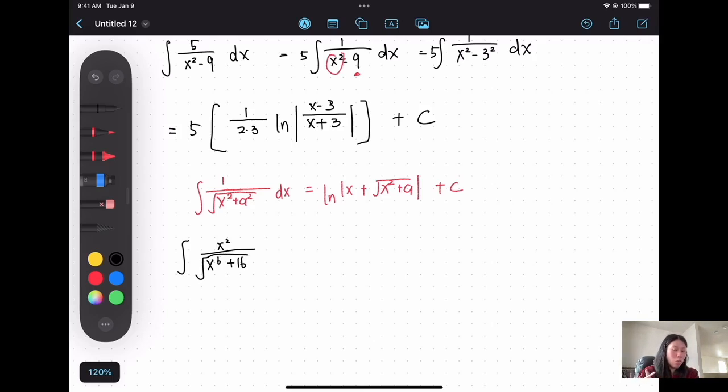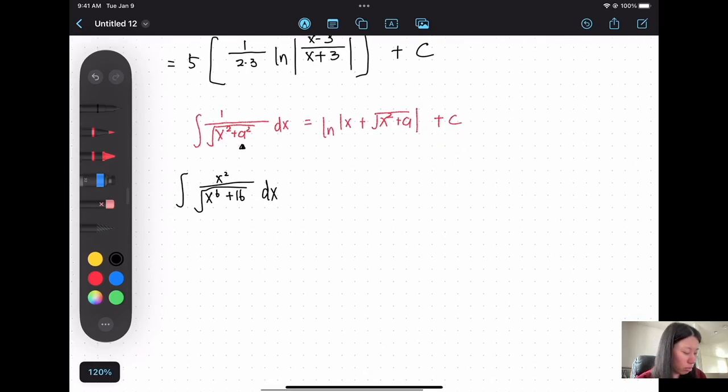So what do they have that makes you feel like I can use this formula? Well, first, the a squared seems reasonable, and they both have a square root in the denominator. So maybe if I do some manipulation, I can make that happen. Now I try to rewrite it.